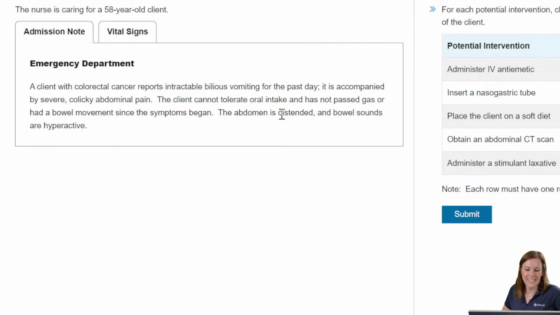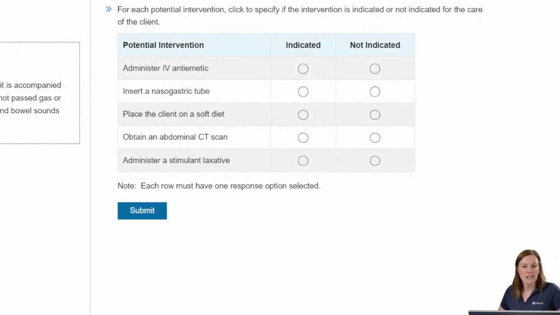So let's move over to the right side of the screen, and I'll read through these again. You guys just put in the chat which interventions you think are indicated. You can do it by row if you want to, and then which interventions are not indicated. For each potential intervention, click to specify if the intervention is indicated or not indicated for the care of the client.